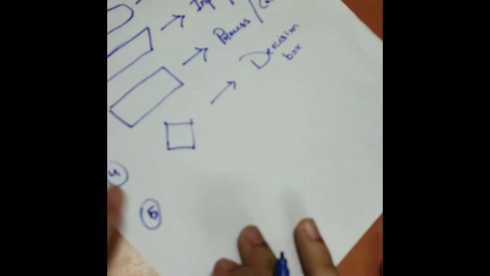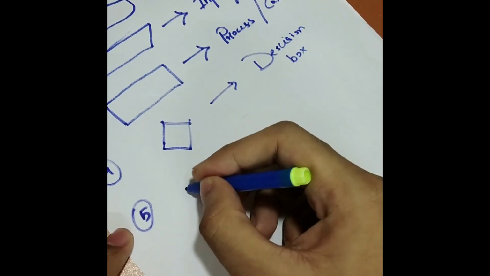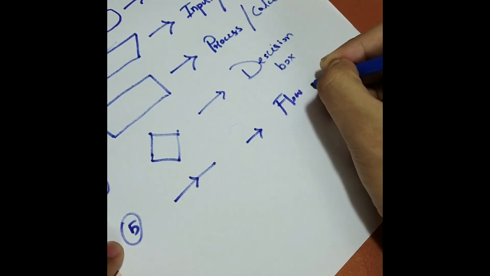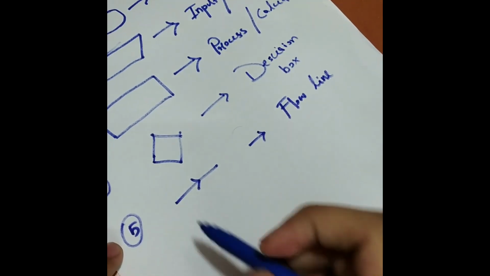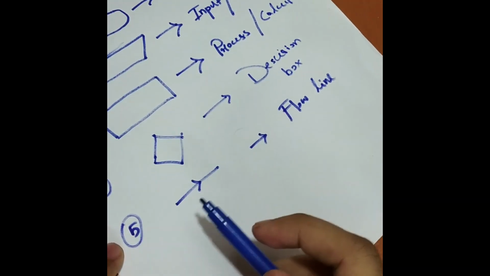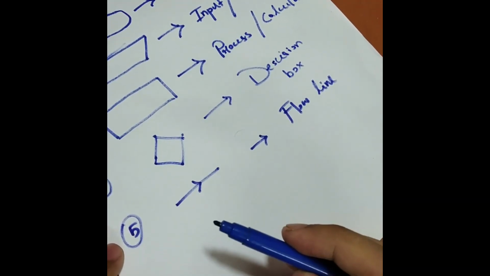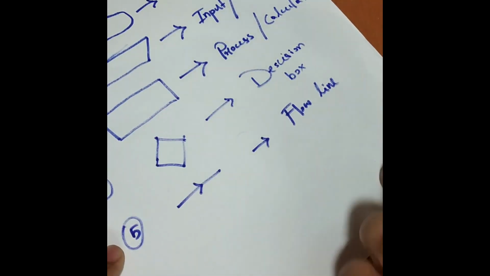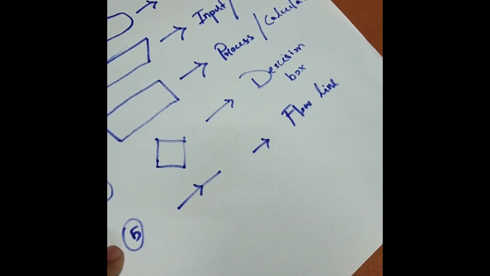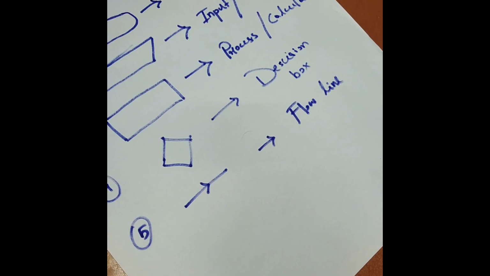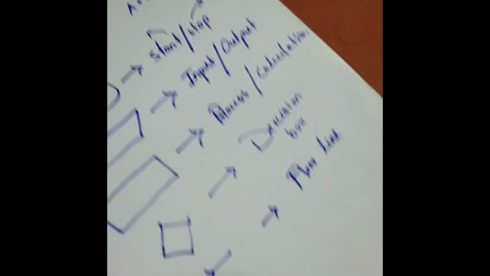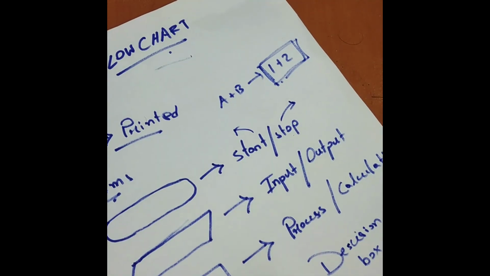Fifth is nothing but what we call a flow line. These lines connect these boxes with each other. Data flows through these lines from one box to another. So that's it. The main thing is, these five things are the backbone of a flowchart regarding algorithms.